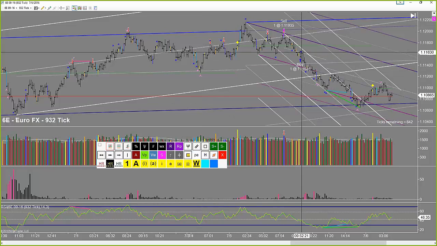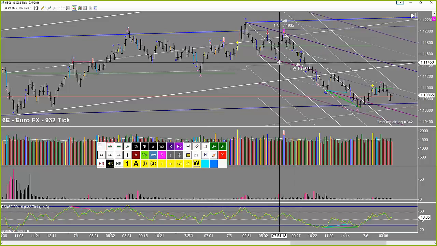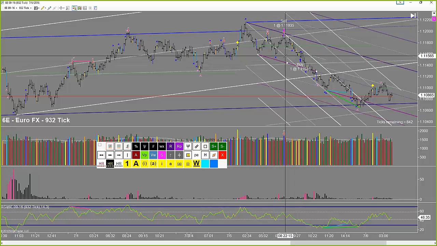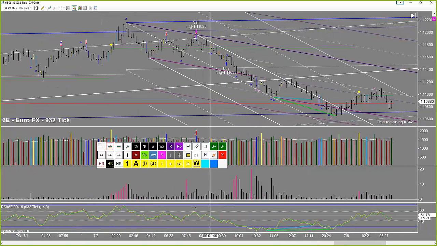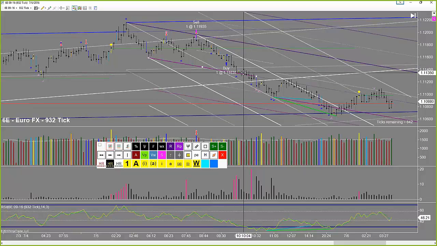I exited here when I should have been holding for the lower channel line or the median line or both where they intersect, but it actually broke right through that channel.